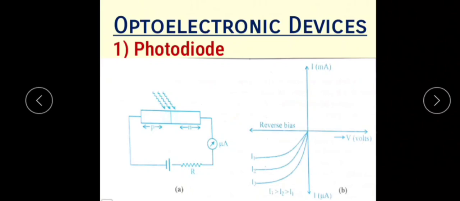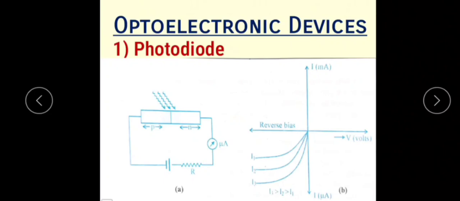Suppose such a PN junction diode is illuminated with light photons having energy greater than the energy gap.